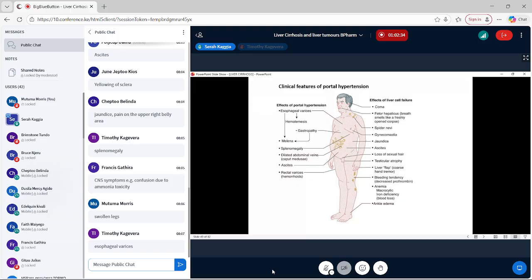You may have dilated abdominal veins, caput medusae, because of the blood shunting into the umbilical vein. So you see dilated blood vessels around the umbilicus. They'll have ascites, which is what we call distended abdomen. And then you have your rectal varices, the hemorrhoids. So these are examples.